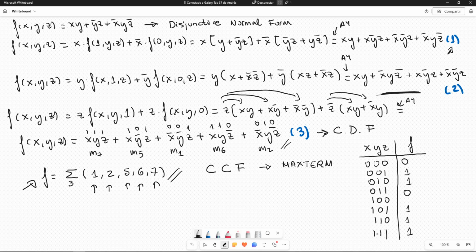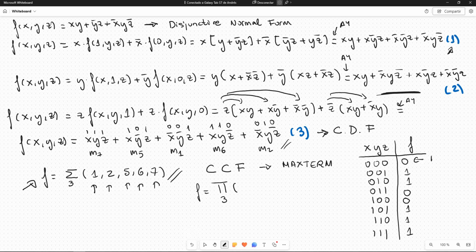So we can obtain the canonical conjunctive form using the max terms. So the function is going to be also the product of the max terms for which the function is 0.